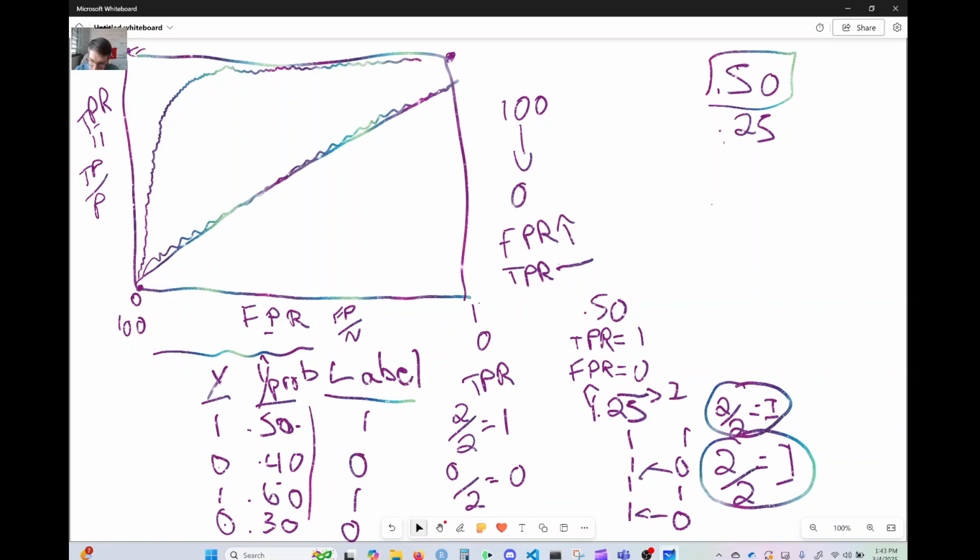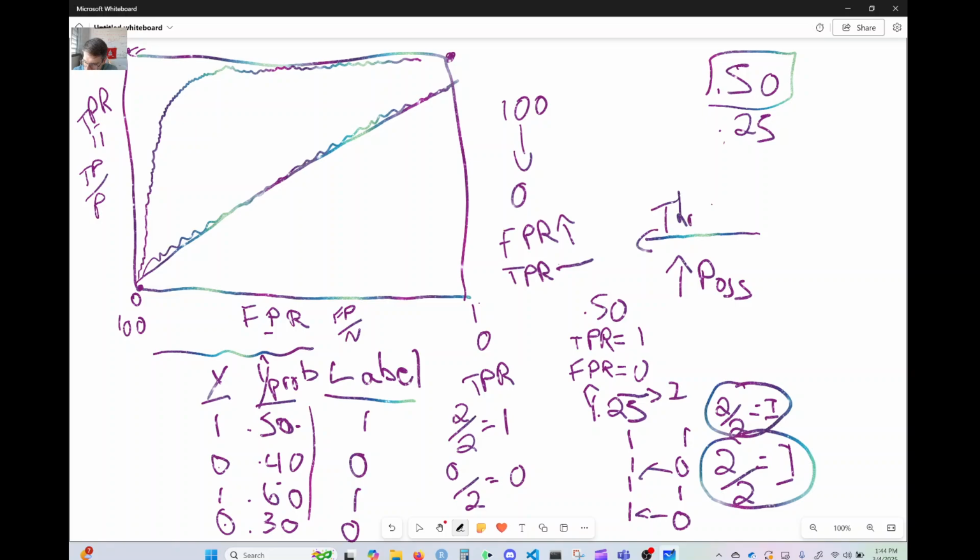As you move this threshold lower and lower, which makes sense, right? As we move the threshold lower, what's happening? We're increasing the number of positive predicted values, right? Of positives, all right? And that would mean our false positive rate will go up.